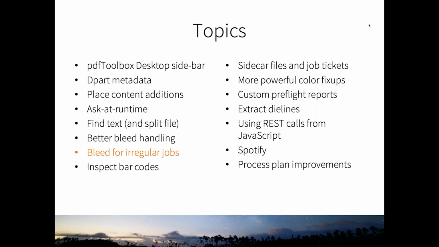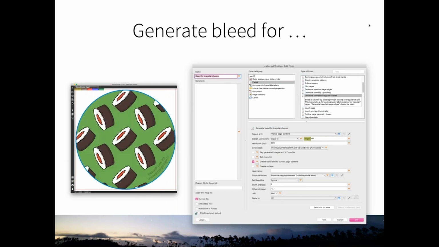But it doesn't stop there. We didn't just want to improve the bleed creation and detection for rectangular jobs. There is also additional work that has been done to provide the same capabilities for irregular jobs.